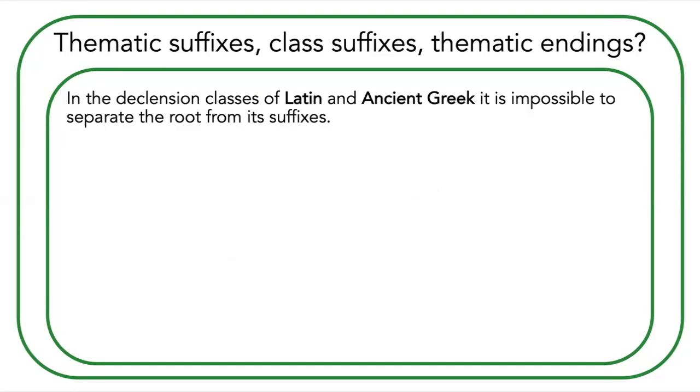And this idea of a declension class marker comes from classical languages like Latin and Greek, where it's impossible to separate the root from its suffixes. Like in the first declension of Latin, you have a, which you cannot separate. You cannot say what the suffix of the genitive is apart from the stem of rose, because of fusional processes, historical processes that have merged the suffixes and the stem.